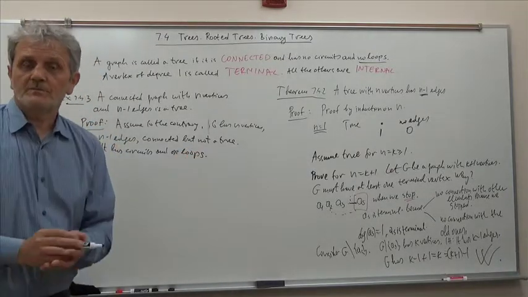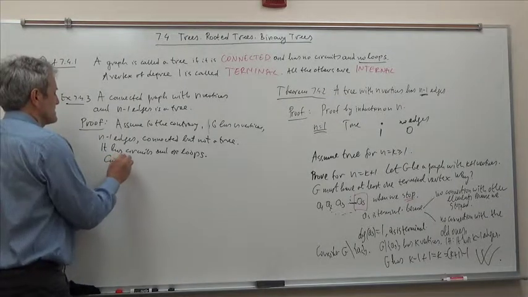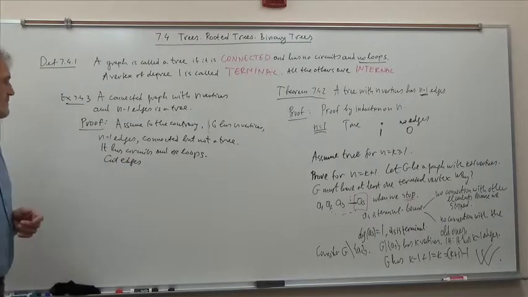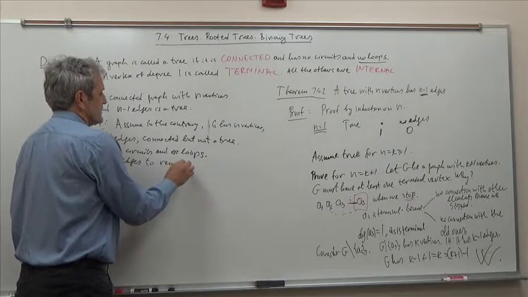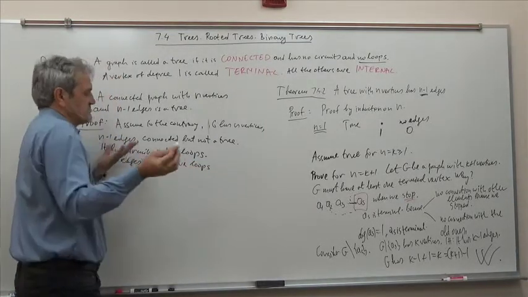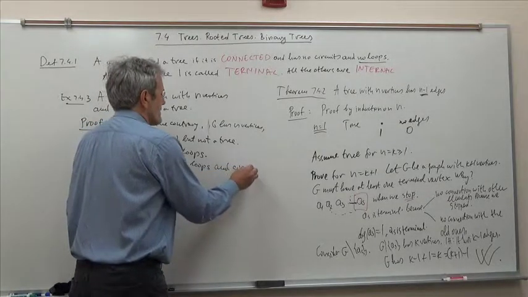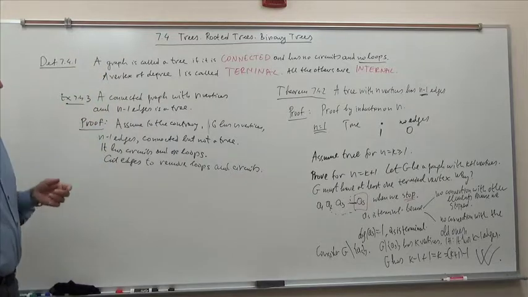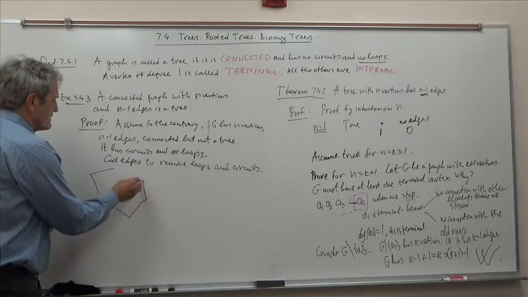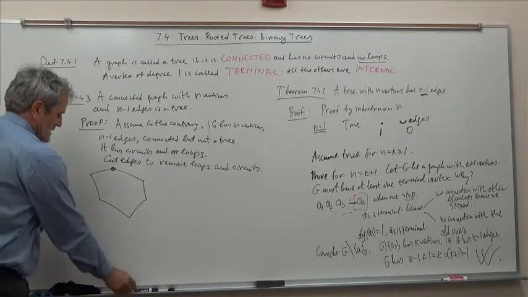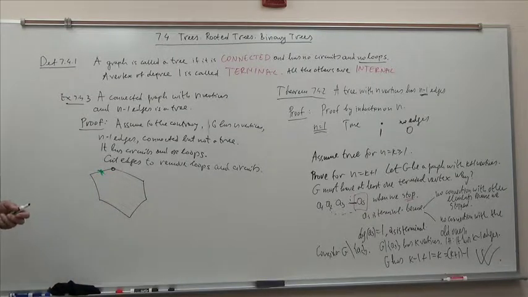So what do we do? We keep cutting edge by edge, cut edges to remove circuits. Remove loops first. Loops do not affect anything. And circuits. Here is the danger. We might lose connectedness, but if you remember, we had a theorem in the previous chapter. If you have a circuit and then you cut one edge, then you cannot lose connectedness.